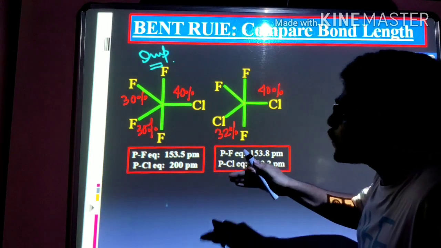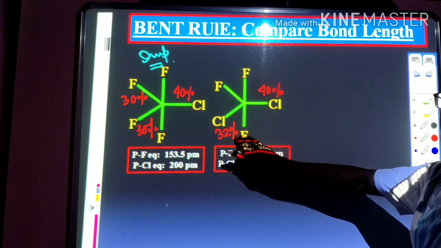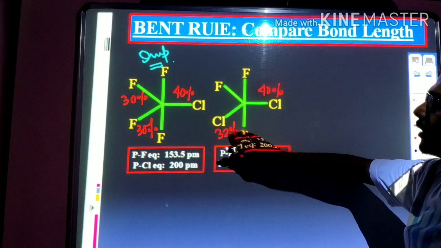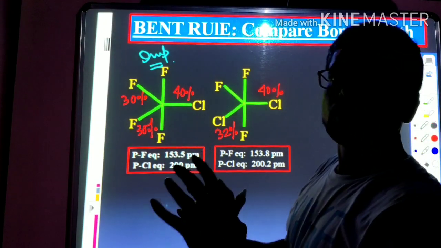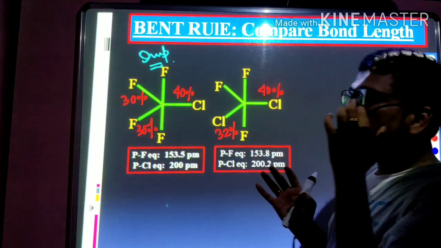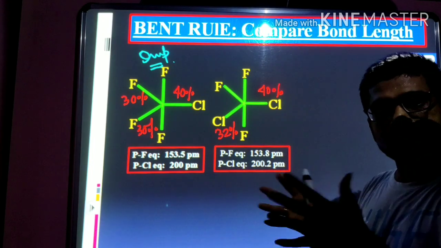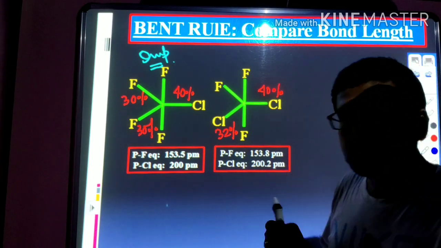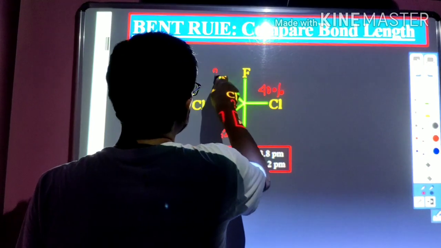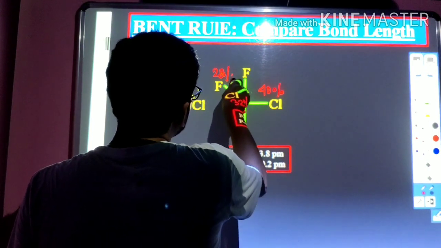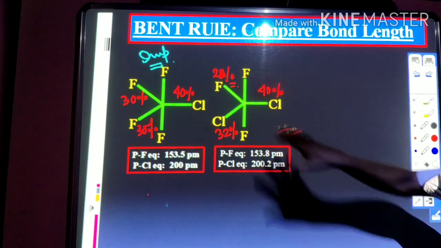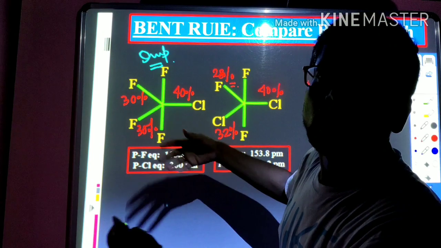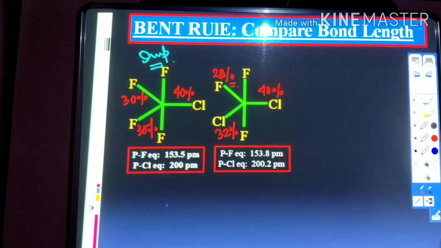Now the question is, whatever it got increased, you just do one thing. Fluorine will try to be in an orbital where the percentage of S character will be less. So here you just decrease the percentage of S character. Think like this way. I am taking just arbitrary data. I'm just trying to explain how the bond length will get changed.